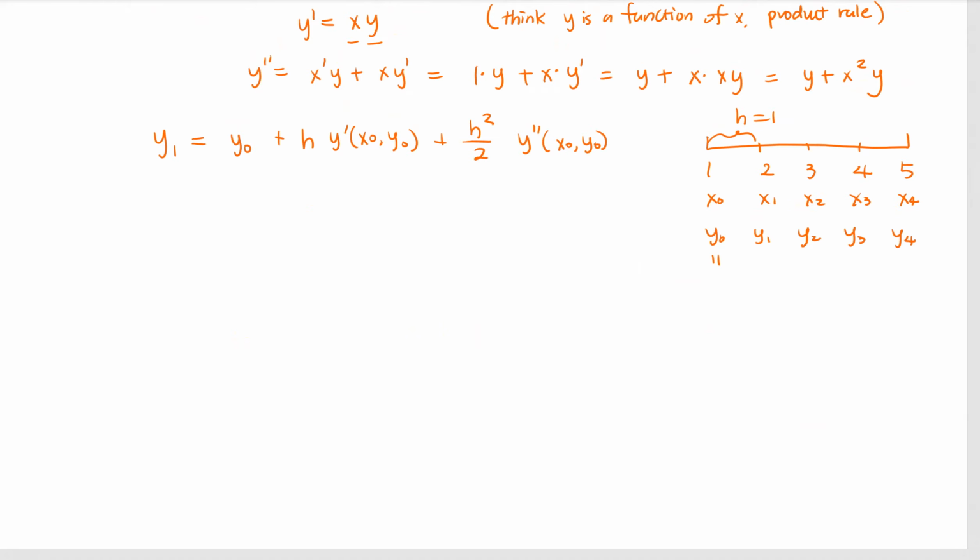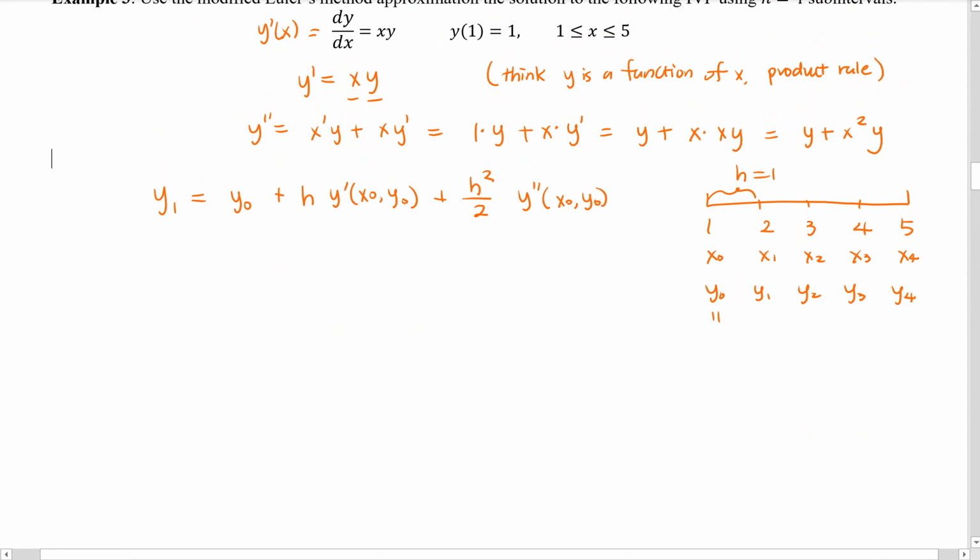Okay, y0. What's y0? y0 is 1. Then we use this point to find y1. What's y1? That is y0, which is 1, plus h is 1, y prime of x0, y0, y prime is xy. Let's do one more step.